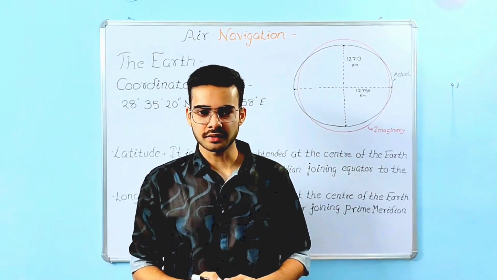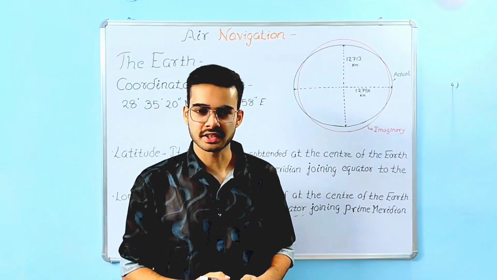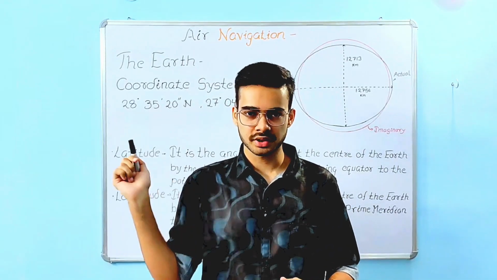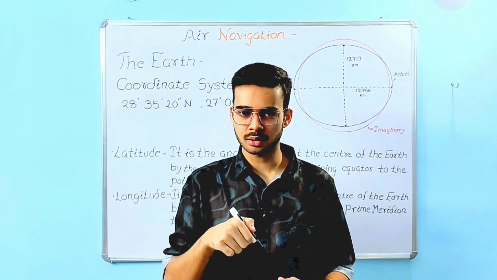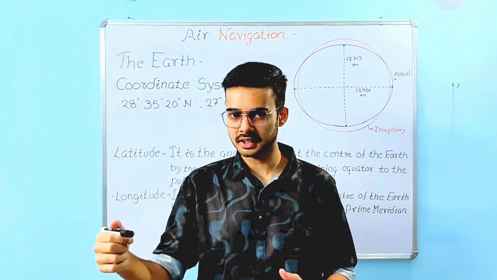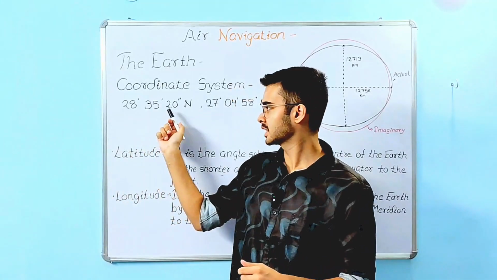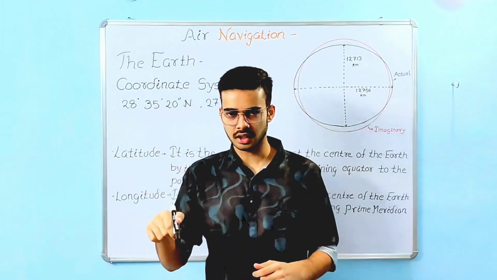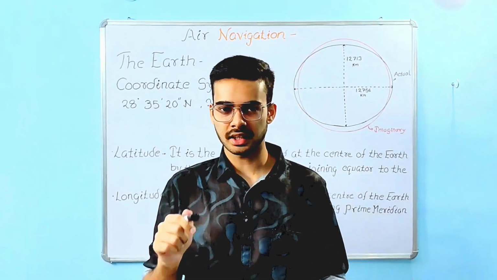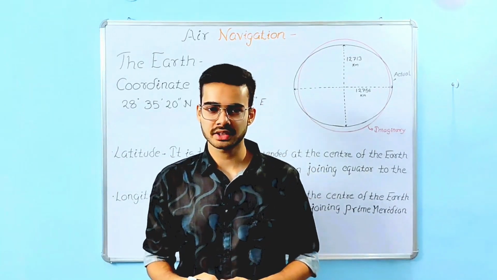Similarly, for aircraft, we will later study INS, the Inertial Navigation System. In that, you put in the initial coordinates, and using the accelerometers, it tells you your final coordinates, where you are present. All of this is dealt with using north, east, south, or west, and those coordinates give you a pinpointed location.